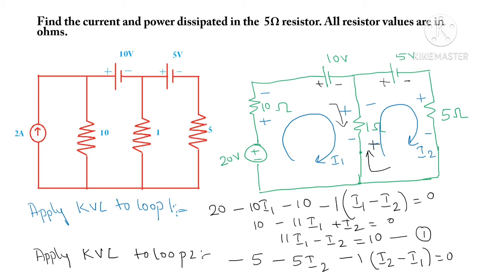So if we simplify this, what are we going to get? Minus 5 minus 5 I2 minus I2, that means minus 5 minus 6 I2 plus I1 equal to 0.